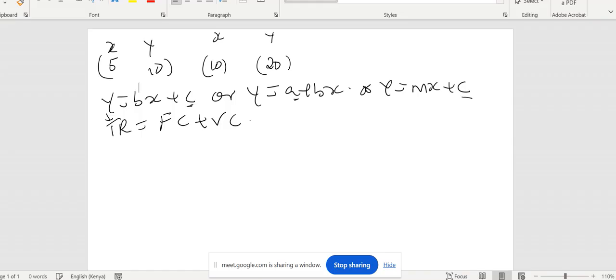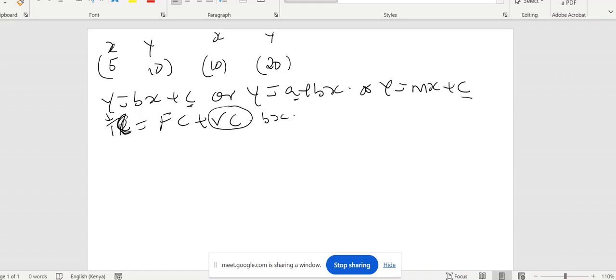Variable cost in this case is bx. In quantitative analysis we normally test business models, like how do we predict the cost?